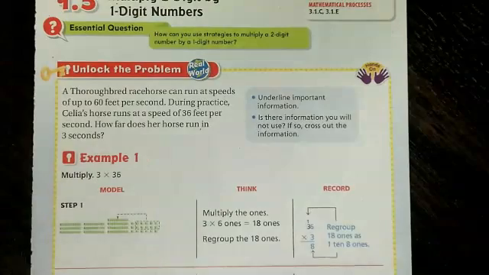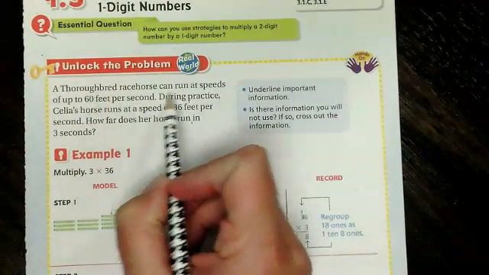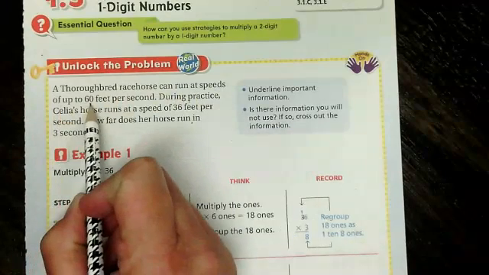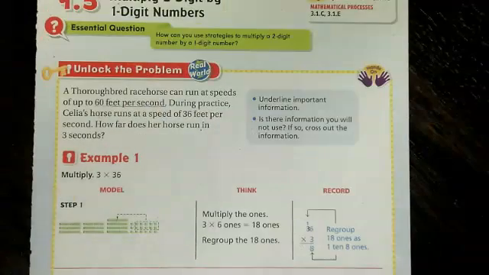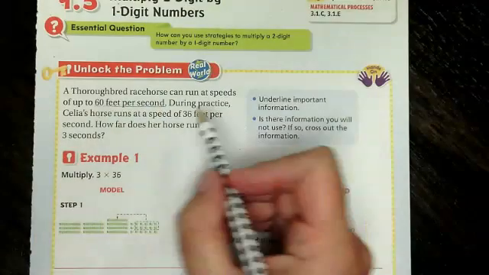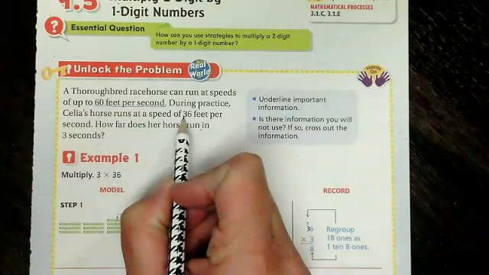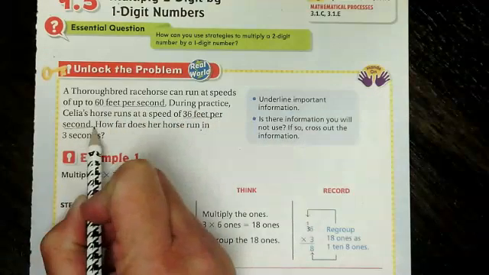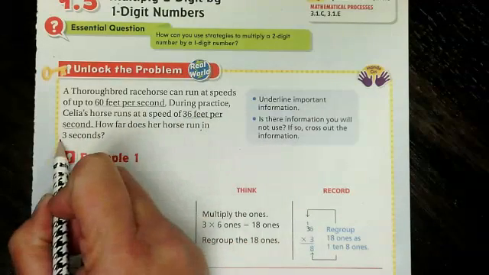Now let's read again to find the important information. It says a thoroughbred racehorse can run at speeds of up to 60 feet per second. Well, that's important because now we know how fast they can run. During practice, Celia's horse runs at a speed of 36 feet per second. Wow, that's pretty fast. How far does her horse run in 3 seconds?